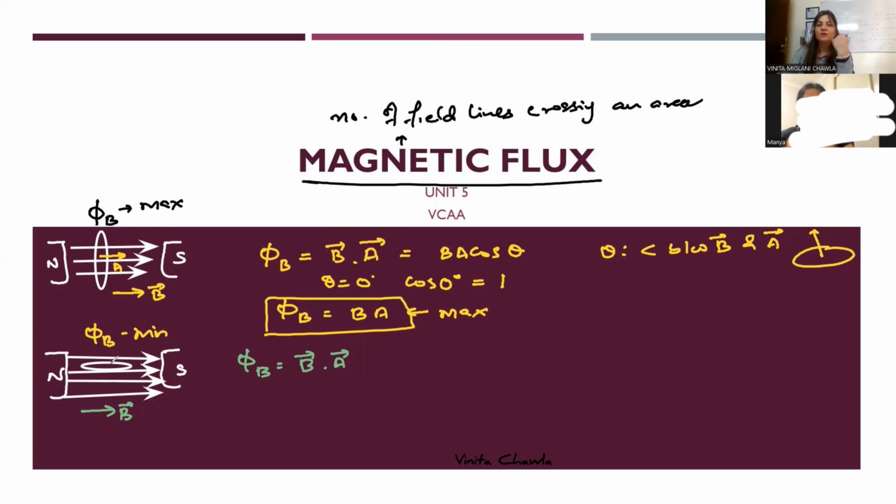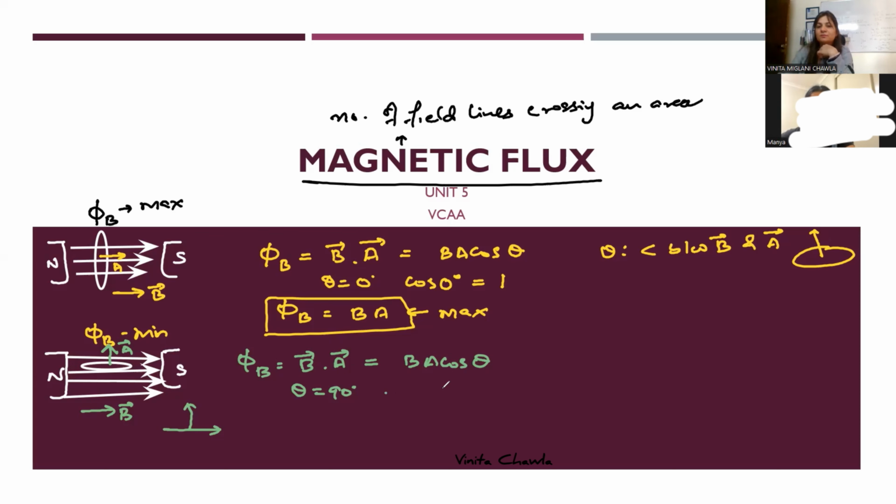The direction of the area vector is perpendicular to the plane. So the angle between B and A this time is 90 degree, because the magnetic field is going in this direction and the area vector is going upward.